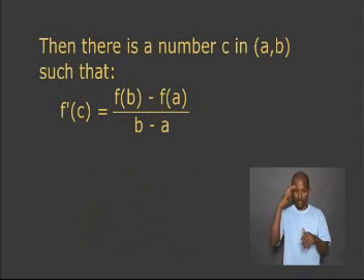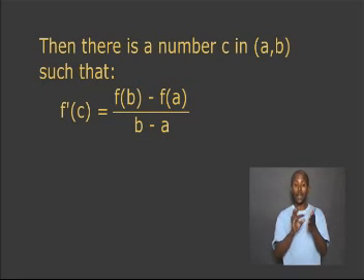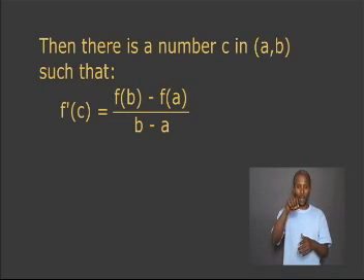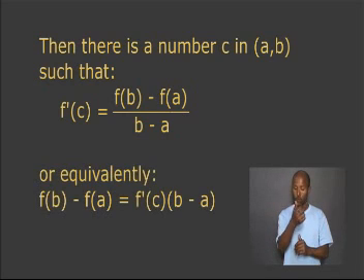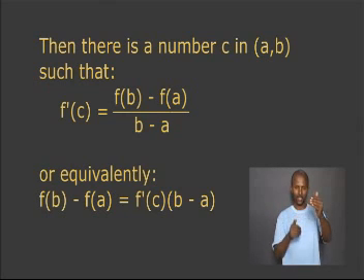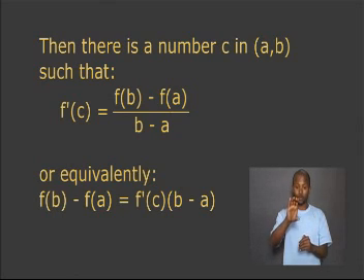In this case, there is a number c in the open interval (a, b) such that f'(c) equals (f(b) minus f(a)) over (b minus a), or equivalently f(b) minus f(a) equals f'(c) times (b minus a). This is the mean value theorem.